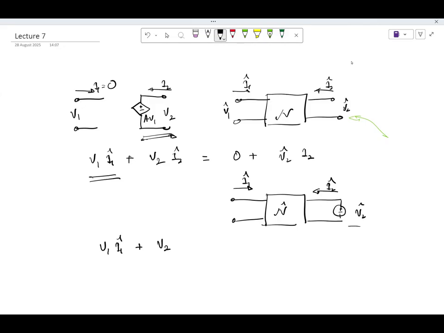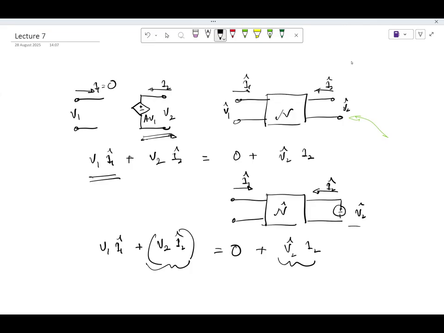So this remains 0 plus V2 hat, which I am applying, times I2. This term I definitely do not want to make 0, so clearly this term I want to retain, and this term I want to go to 0, if I apply a voltage excitation at port 2, correct?